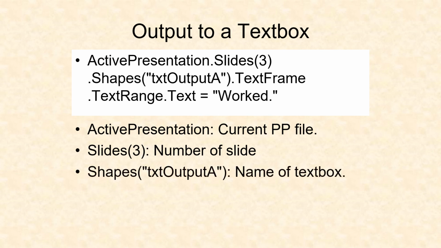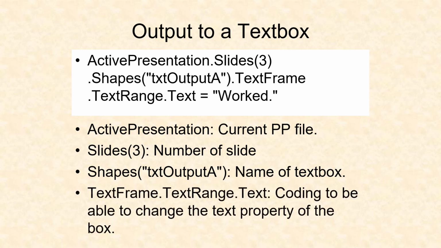Next, it says .Shapes, and in Shapes, notice in the parentheses and in quotations we have the name of the object. So I named my text box TXT output A. Again, I named that in the selection pane.